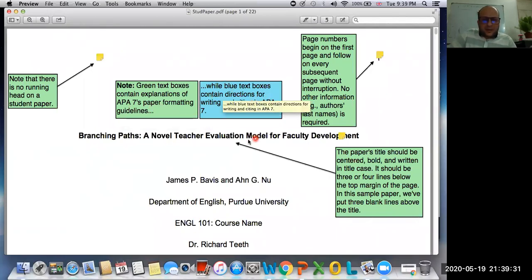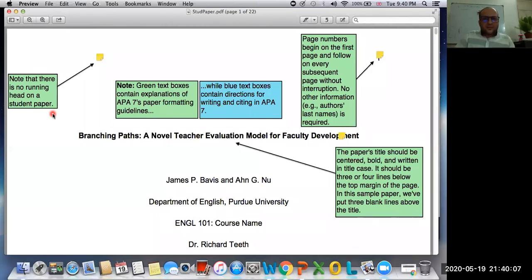While the blue text boxes contain directions for writing and citing in APA style. So we have two different kinds of things. If you remember very well, when you go back to the previous session, you'll find out that the session was classified into two sections. Section number 1 is about APA paper formatting, and the second one was about the in-text citations, how to follow the in-text citations using the APA style.